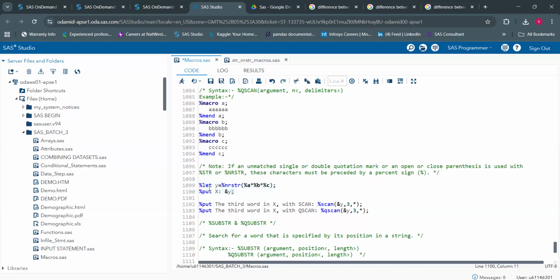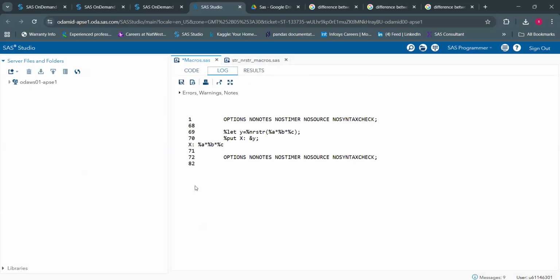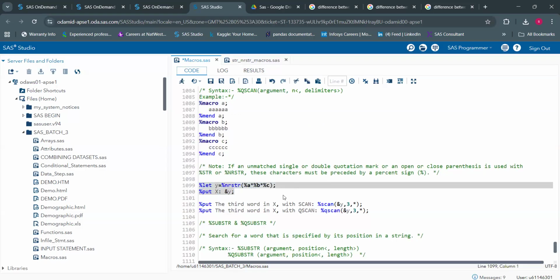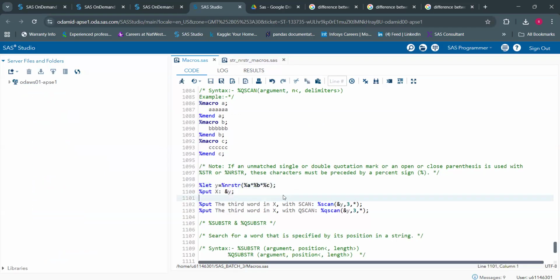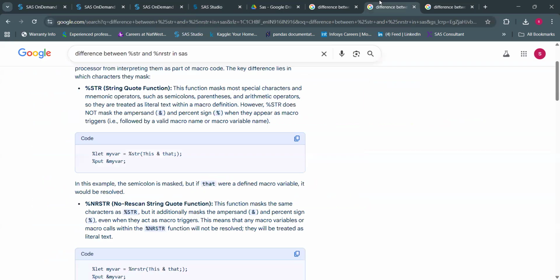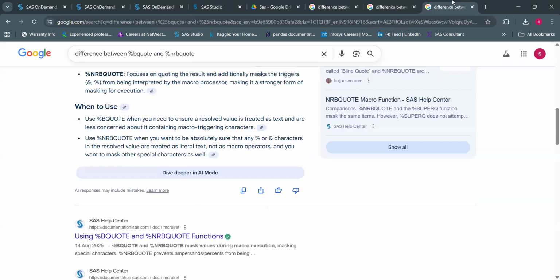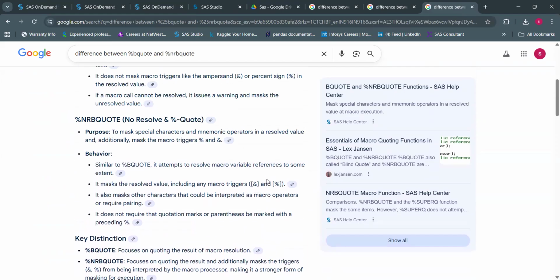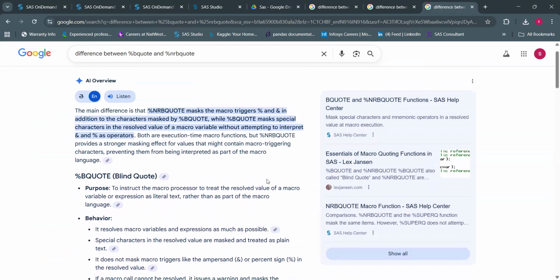We got percentage A, percentage B, percentage C. So that's the major difference between NRSTR and STR, scan and Q scan, substring and Q substring. Another one we have is B code and NRB code. Okay, the other one.